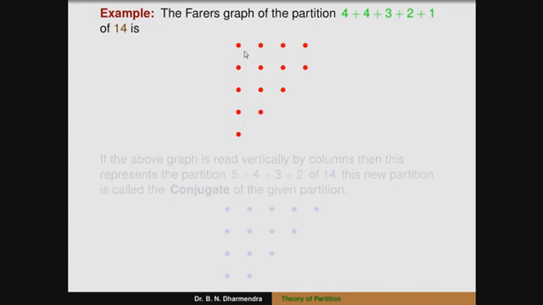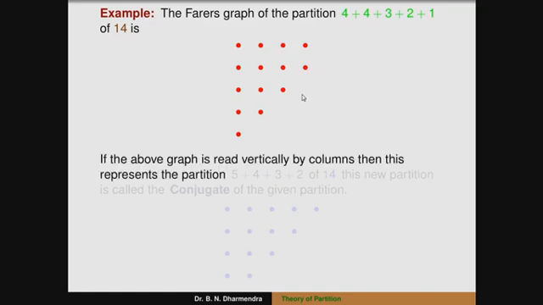Here the first one is 1, 2, 3, 4, 5. The next one is 1, 2, 3, 4. Next is 1, 2, 3. Next is 1, 2. We observe that if the above graph is read vertically by column, the representation of the partition is 5, 4, 3, 2, that is 5 plus 4 plus 3 plus 2 equals 14.